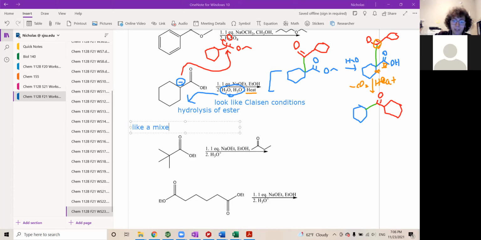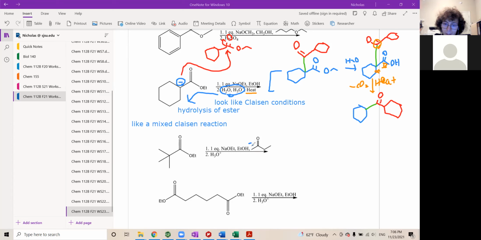It's like a mixed Claisen reaction. In terms of the mechanism, it is going to look like a Claisen reaction. The only difference is the enolate is going to form here on the ketone.